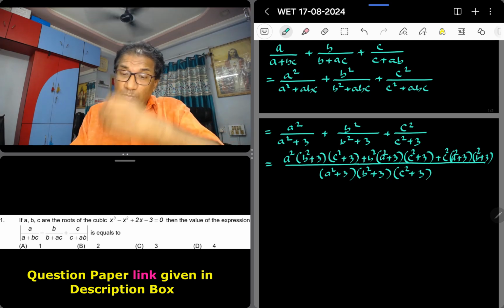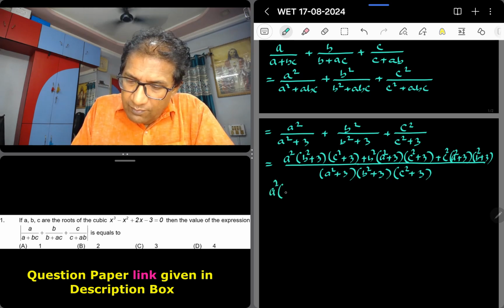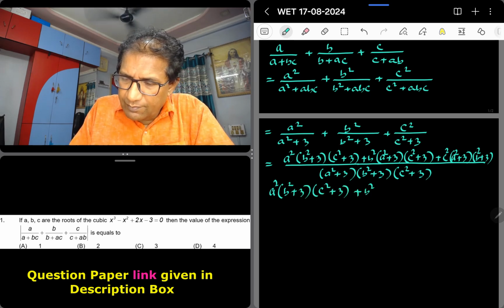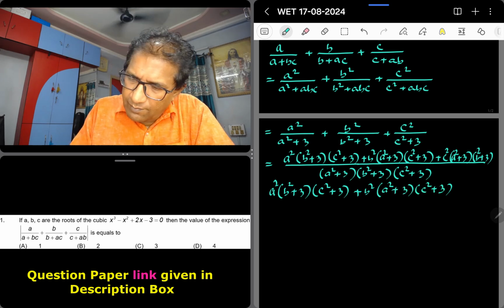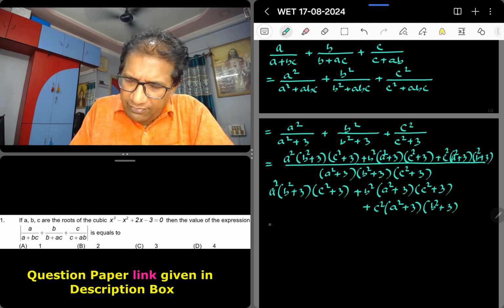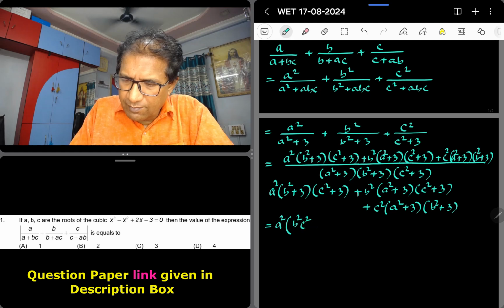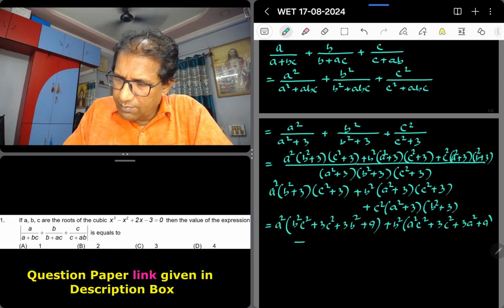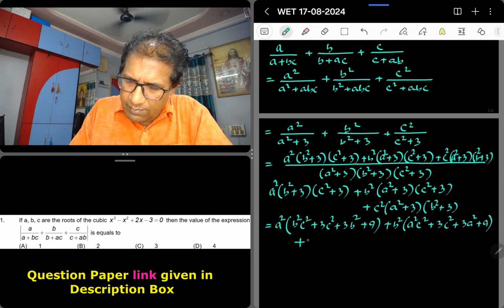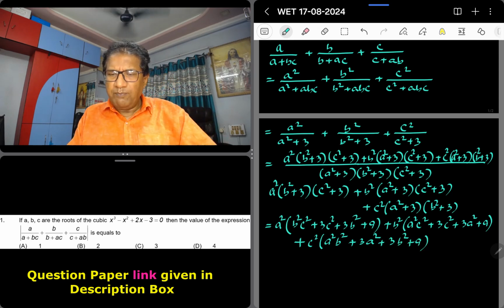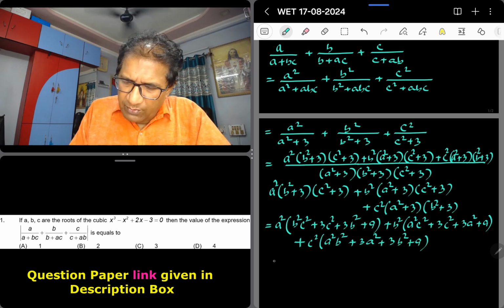So now let me consider the numerator only. I am simplifying the numerator only. So if I open the brackets, we are going to have this one.